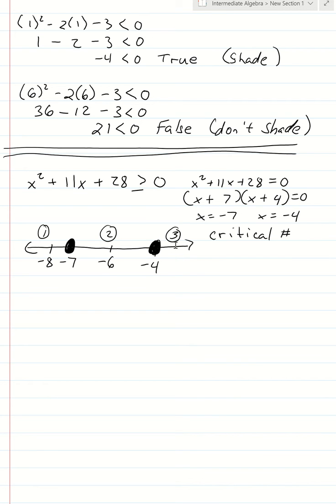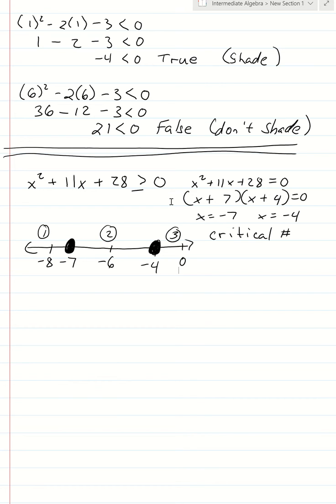And then I need a number in region 3, any number that I want. I'm going to pick 0. And now once again, what we want to do is take negative 8, negative 6, and 0, or any number that you picked as well. And we're going to test those values in the original inequality and see if we produce a true statement.